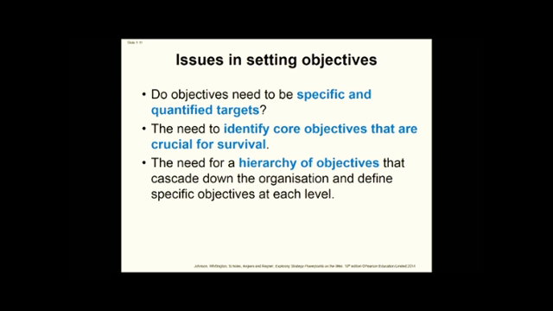For example, if we had an objective to decrease our greenhouse gas emissions by 50% in the next 5 years, we can only do that if we know what our current greenhouse gas emissions are, and then we can work out more specific sub-objectives which will lead us to that goal. So we would have the broad objective, and then we could analyse it to finer level objectives, specific objectives at each level in the hierarchy.